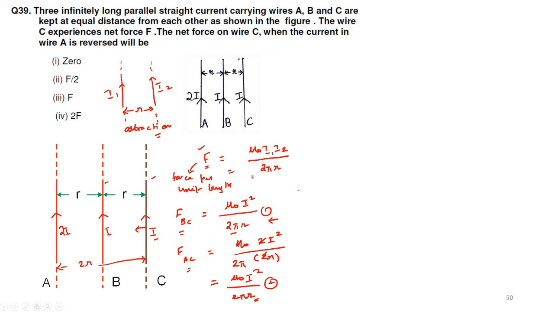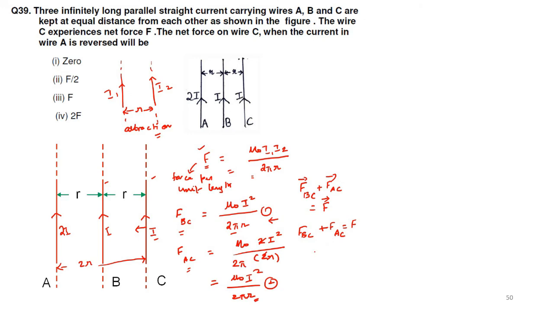But here the net force will be, numerically you will have to add, force per unit length, please remember, is equal to F. They are in the same direction, so you can even simply say, without the arrows above, FBC plus FAC, they are equal, that is equal to F. Because they are in the same direction, you can simply add them.